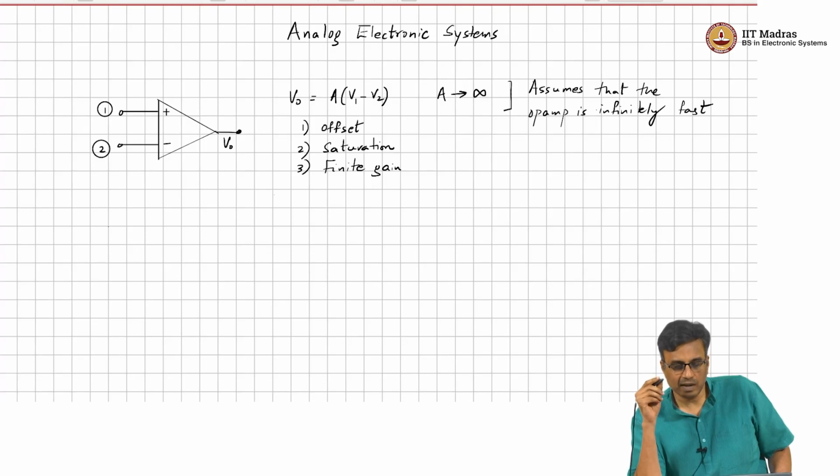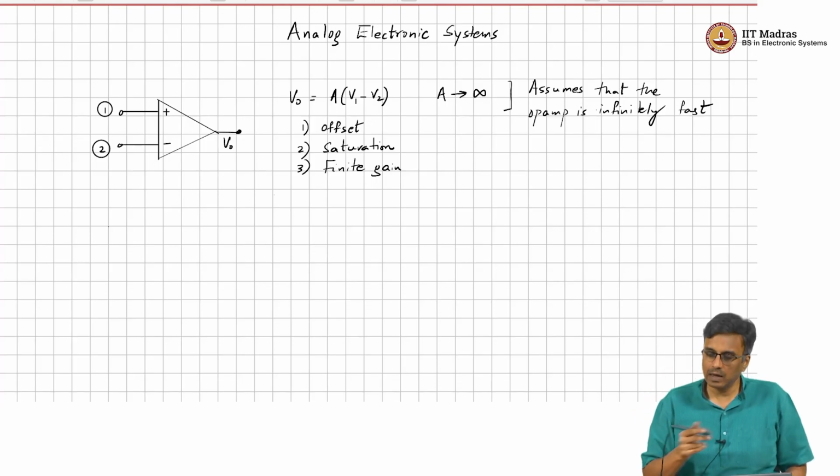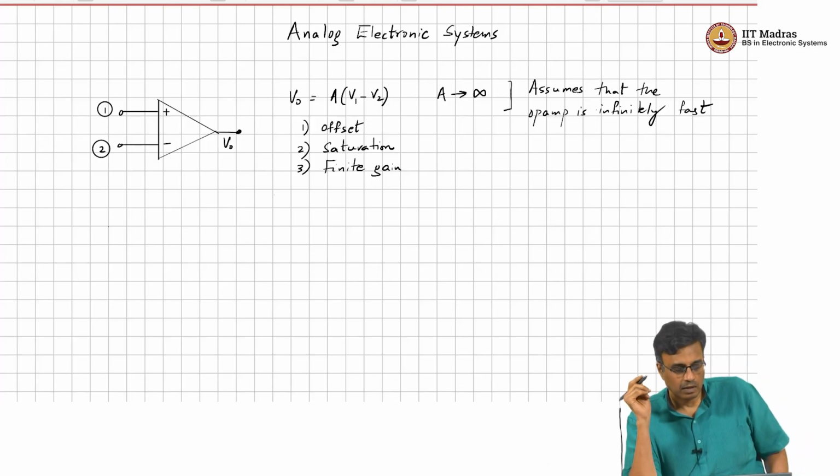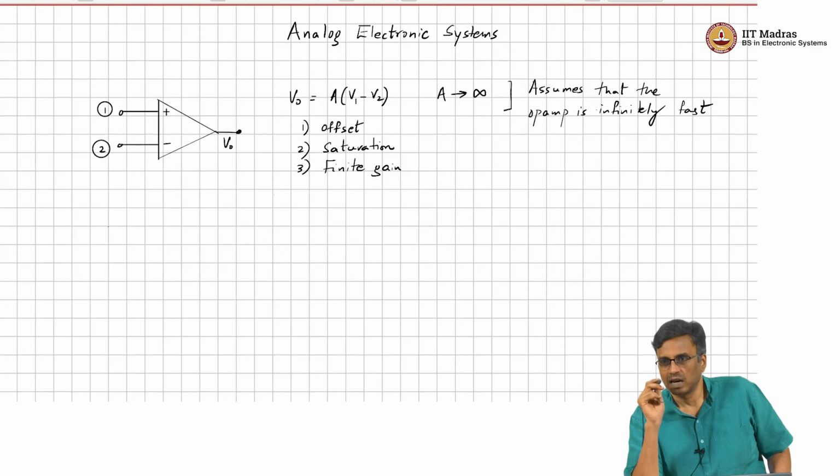So, that basically means that if V1 minus V2 changes suddenly, the implication of this equation, VO is A times V1 minus V2, is that if V1 minus V2 changes suddenly, then VO also changes suddenly. Okay. And that is of course non physical, right, because nothing in the world can change suddenly, right.